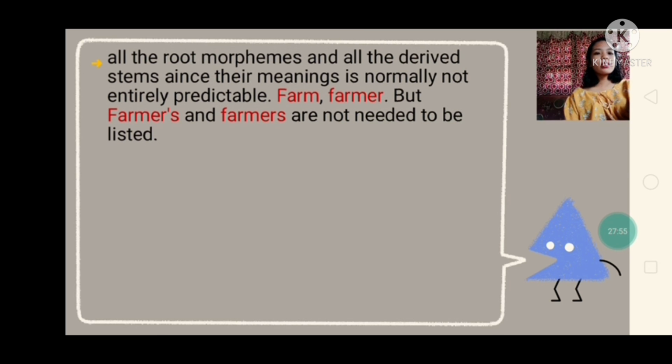So, all the roots, morphemes, and all the derived stems, since their meanings are normally not entirely predictable, like farm, farmer, but farmers and farmers are not needed to be listed, since farmer is the singular form and farmers is the plural form. So, hindi na yun siya ilalagay sa lexicon since it has already been identified as plural, singular.